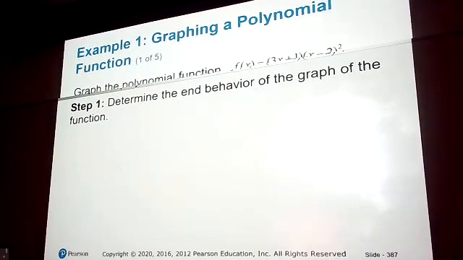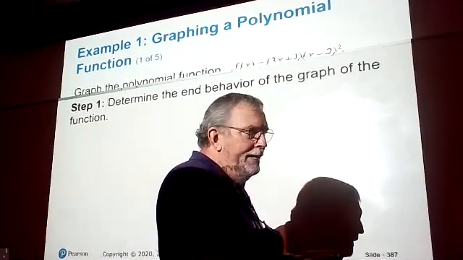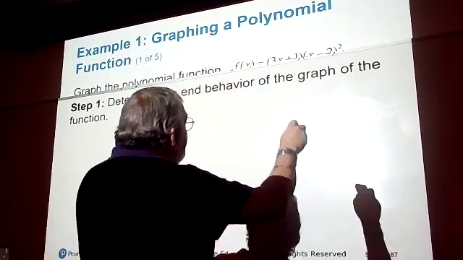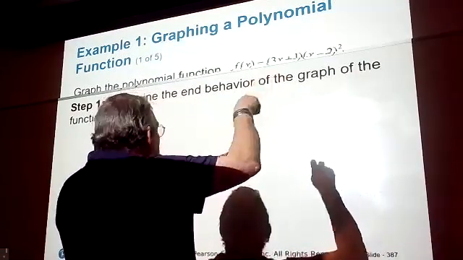And so f of x equals 3x plus 1 times x minus 2 squared. It's going to be x to the third power, because we're going to end up adding these exponents here on the two binomials.